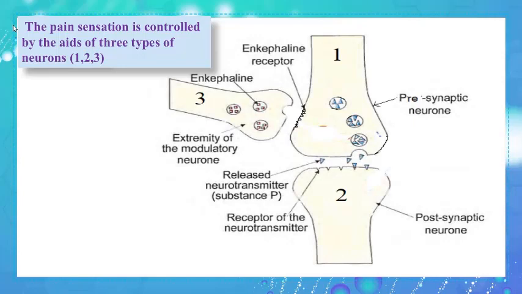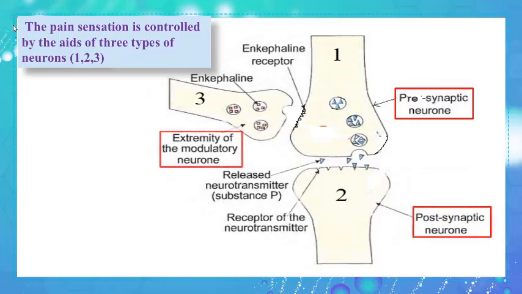In fact, pain sensation is controlled by the three types of neurons shown in the figure. Type 1, presynaptic neuron. Type 2, postsynaptic neuron. And type 3, extremity of the modulatory neuron. Before we elaborate, I must furnish the following information.